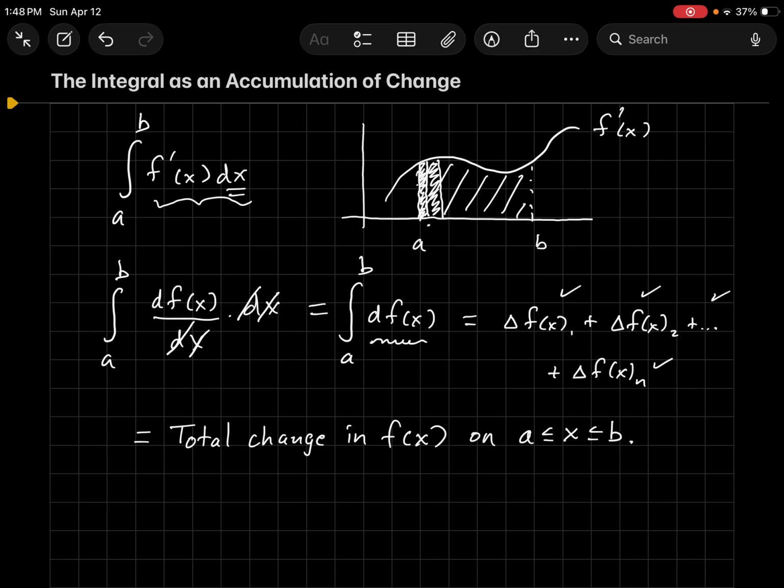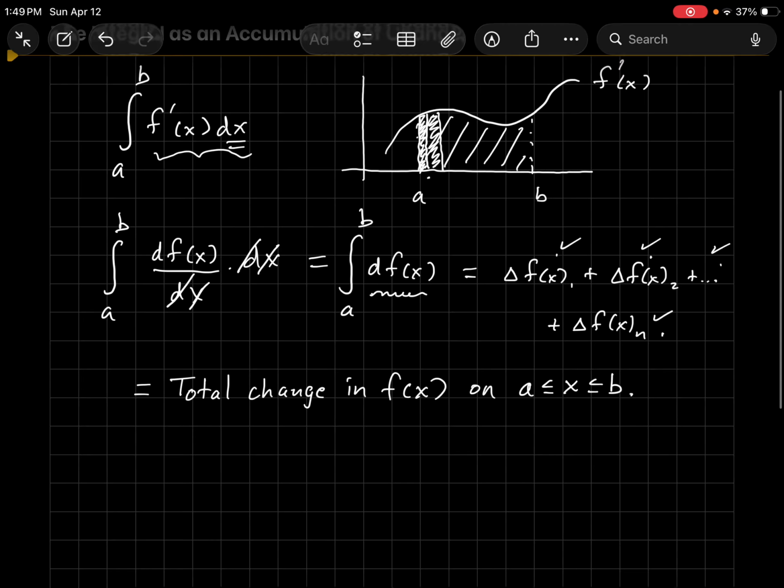Again, the sum of these small changes in f added all together gives us the total change in f on the entire interval. And how do we find a change in a function value? Well, it's where I end up minus where I start.